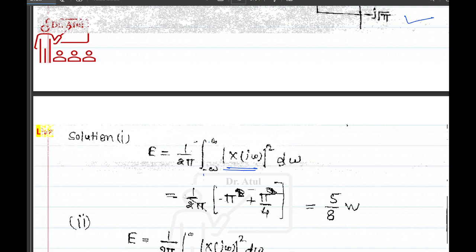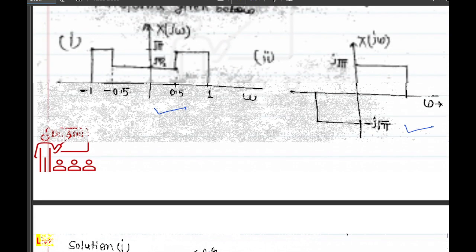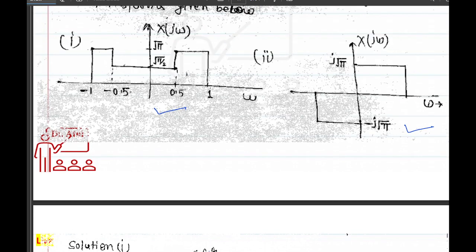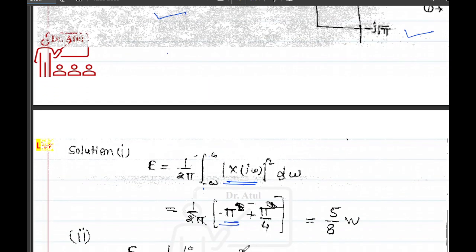So 1 upon 2 pi times [minus pi squared plus pi by 4]. Here it is root over pi by 2, so pi by 4 will come.